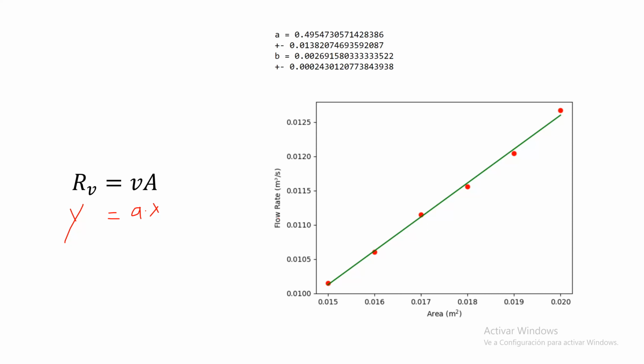And as you can see from the graph, it does follow that pattern, but sadly the slope is around 0.5. But because flow rate should be constant, this should actually be 0. So we weren't actually expecting a tendency like this, we were expecting a horizontal line. So this wasn't exactly correct.